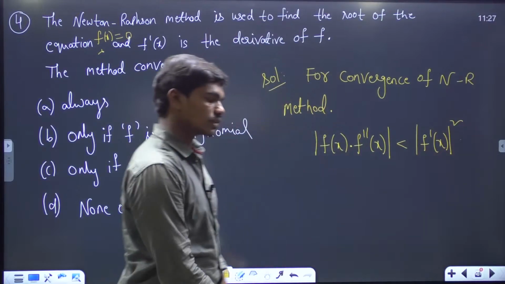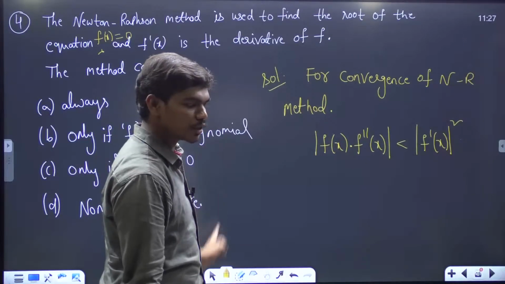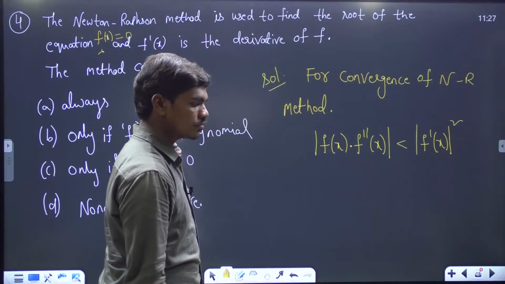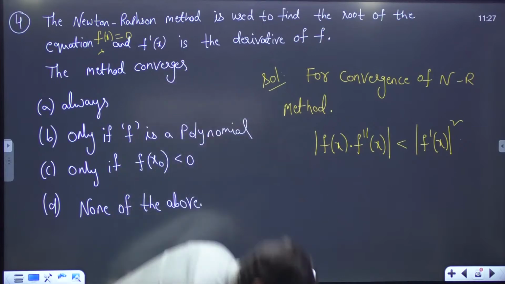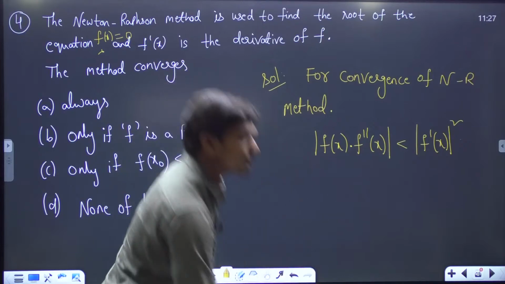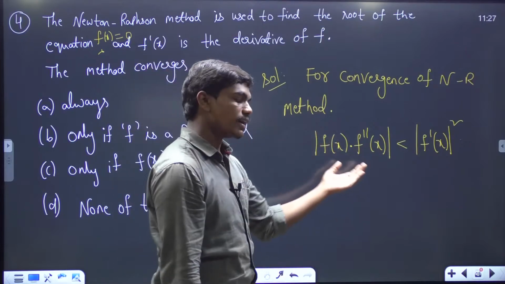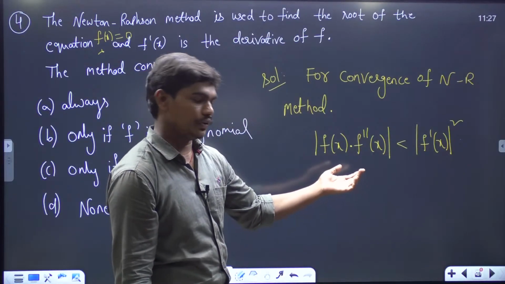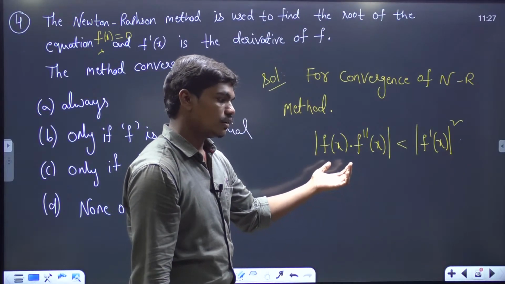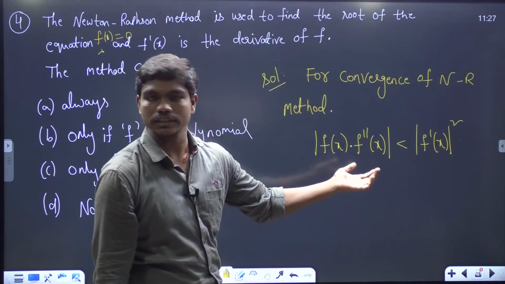We learned this. Correct? Is this condition present in any of these first three options? We told you this condition. The Newton-Raphson method doesn't converge always, but for its convergence, this condition must mandatorily be satisfied. Did we tell this or not, for convergence of the Newton-Raphson method, all of you?